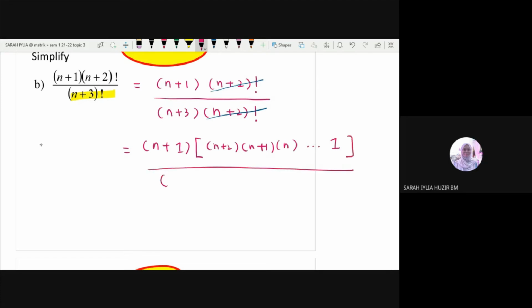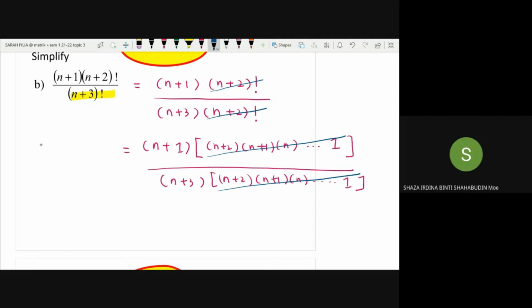Sama juga untuk kes yang lagi satu ni. n plus 2 tu kalau saya buka dia jadi benda yang sama lah dengan yang atas. n plus 2, n plus 1, n, dia akan pergi stop dekat 1. And then this whole thing basically the same kan. So kita cancel out lah terus. Dapatlah jawapan. So tak payahlah kita tulis panjang-panjang sampai 1. Saya berhenti kat factorial tu cukup lah. Kita tahu dia memang the same thing. So kita boleh cancel out. Okay, saya pergi seterusnya.